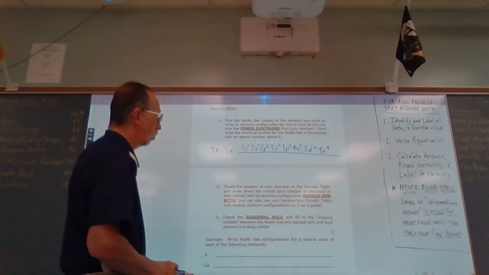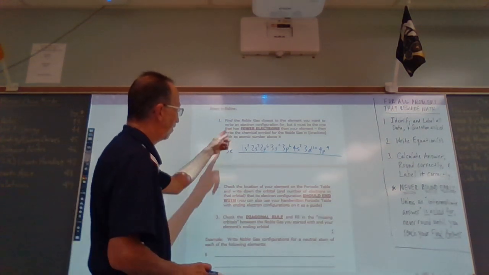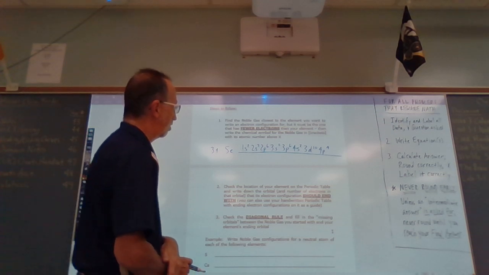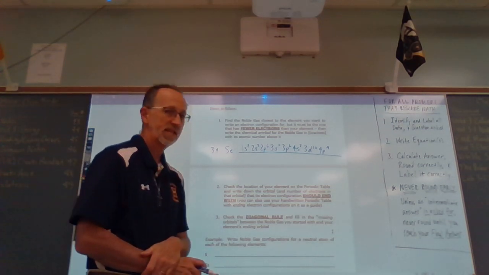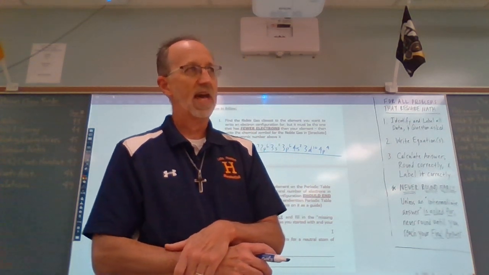All right, so noble gas configuration. Find the noble gas closest to the element you want to write an electron configuration for, but it must be the one that has fewer electrons. So look on your periodic table and see where selenium is. 4p4. If you go directly to the right of that, you'll get to krypton. But krypton has 36 electrons. That's too many.